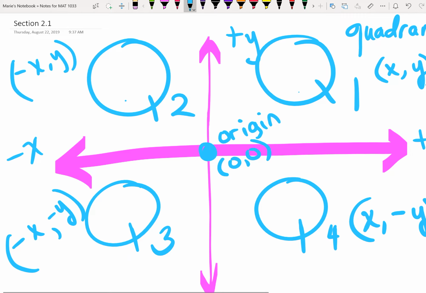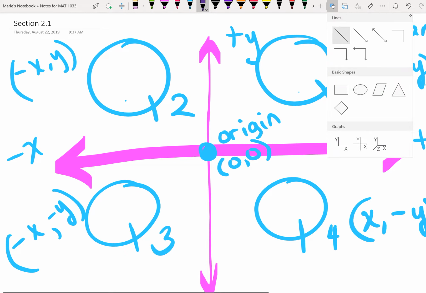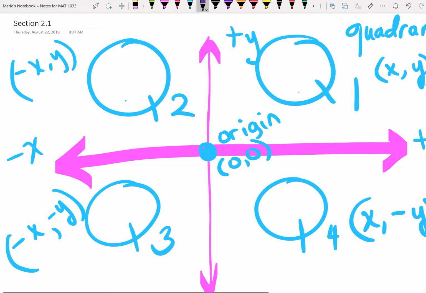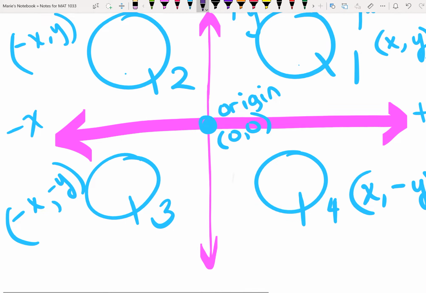One of the things that they ask you to do in this section is to graph the actual value for a point. I guess we'll just use the rough graph.